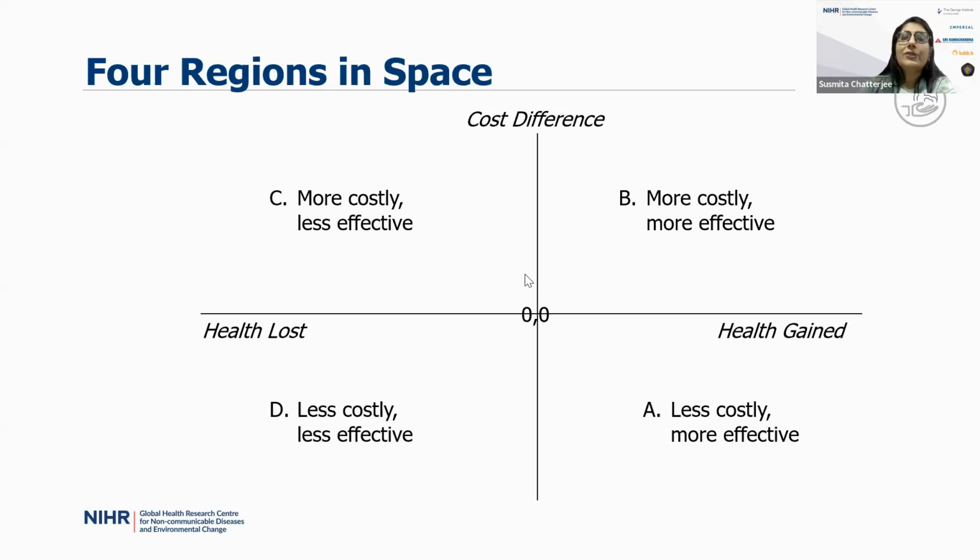I'm asking which is the region where, if my intervention falls, I will never choose it. When I'm saying I, actually it is the government, right? Because the policymakers, or whoever you are giving your report to, decide that no, this cannot be chosen. Which one is this?